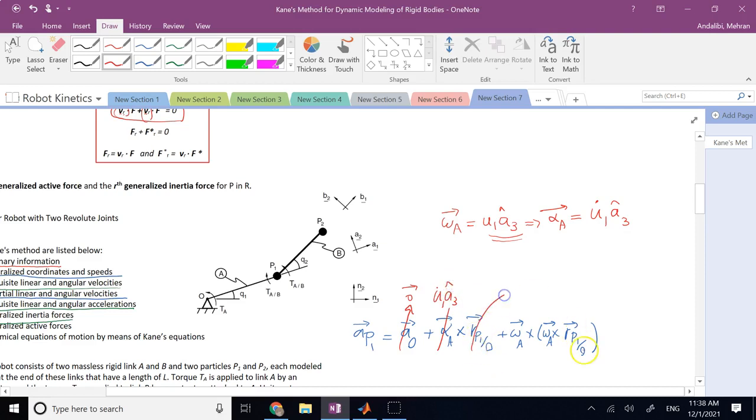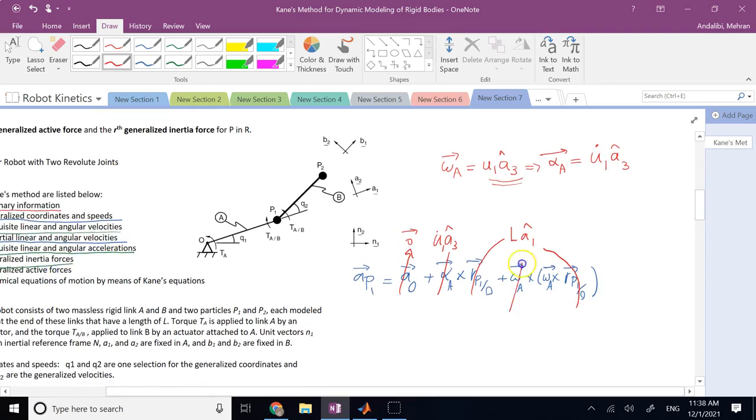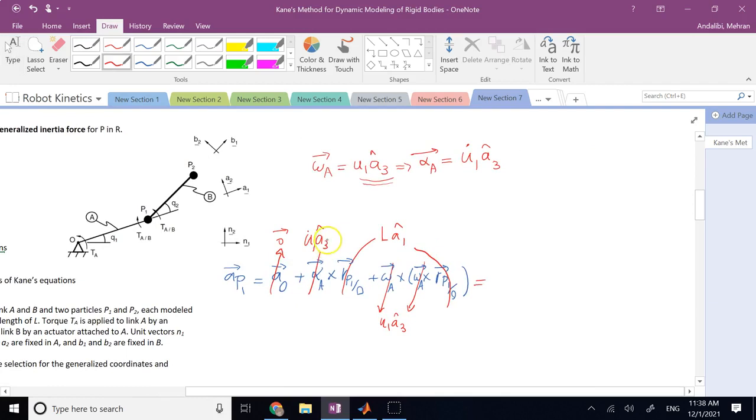This R vector, as we saw last time, is L times A1. And omega, we just said, is U1 A3. If you simplify this, here you have A3 cross A1, which is going to be A2. So it is going to be L U1 dot A2.